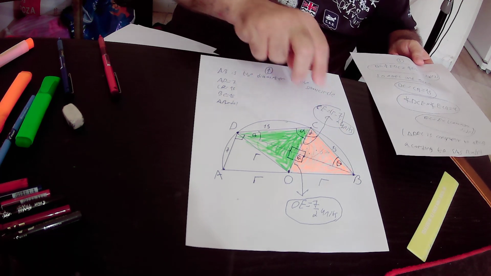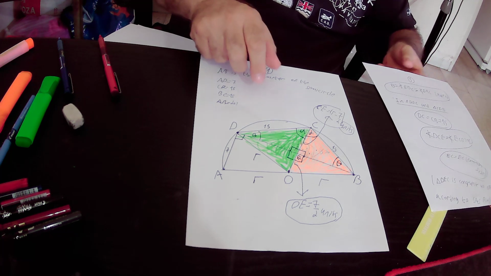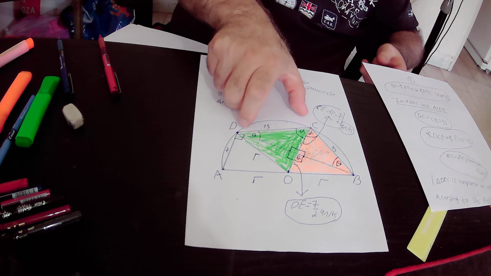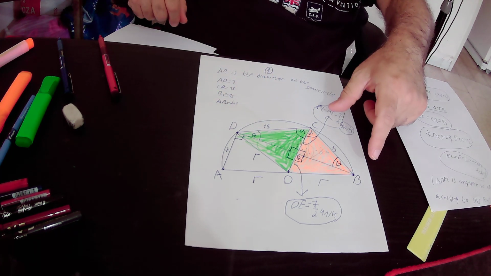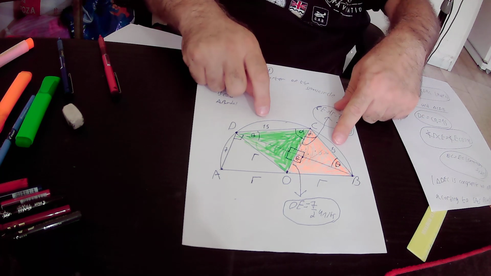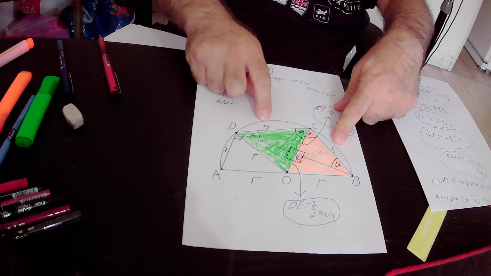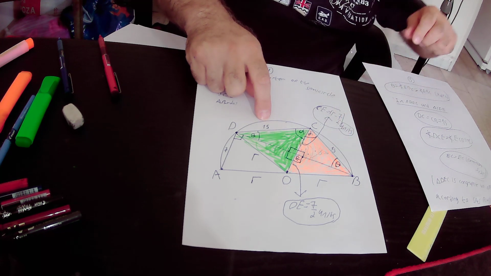On those two triangles we have side DC of the green triangle equal to side CB of the orange triangle, because it is given to us in the question both those two sides are equal to 15 units.